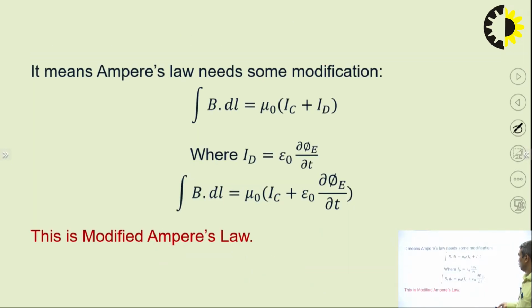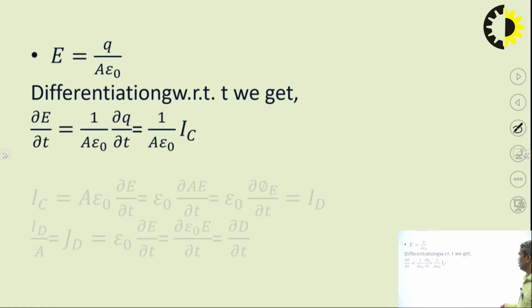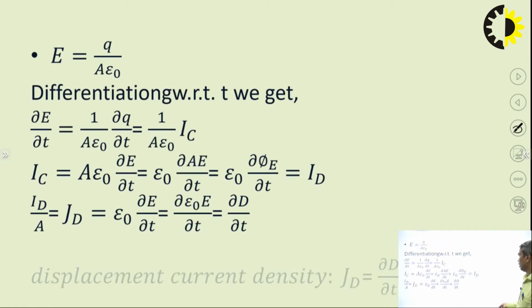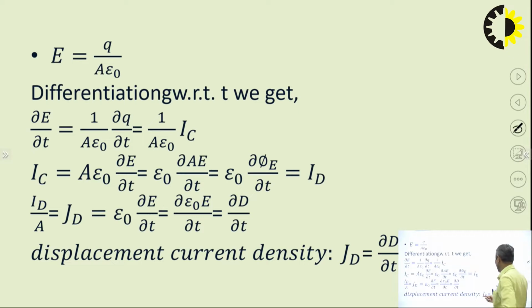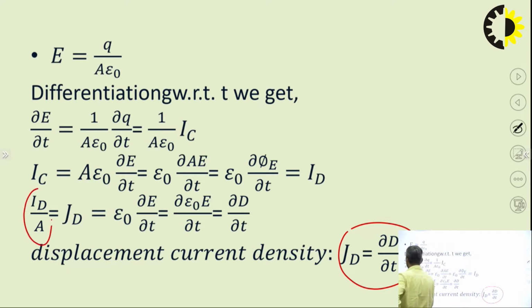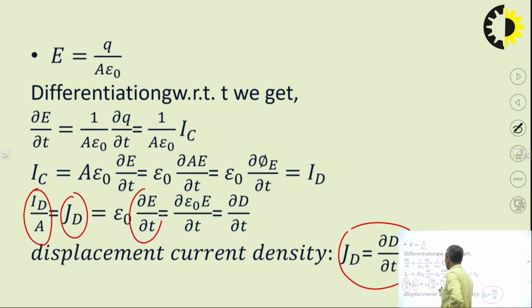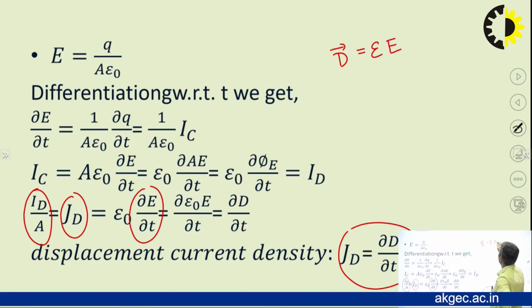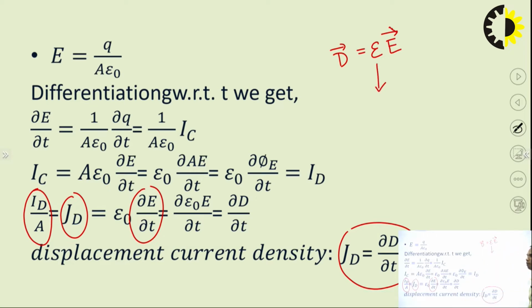This is the simple derivation where the current density, or current divided by area, is related to the changing electric field, and this E can be related to the displacement vector through the relation D = εE, where E is the electric field and epsilon is the permittivity of the medium, and D is known as the displacement vector.